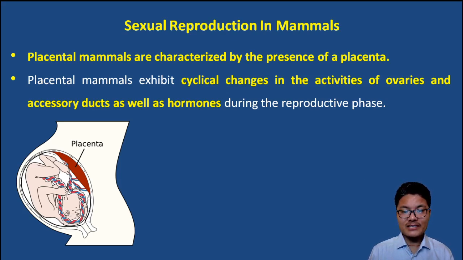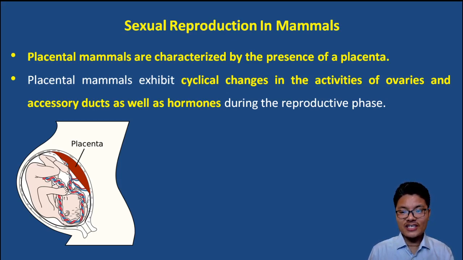Whenever placental mammals become reproductively active, different cyclical changes occur. Cyclical changes here refer to changes which are ordered, sequential changes which occur one after another. Different events occur one after another, and these keep on repeating during the reproductive phase.